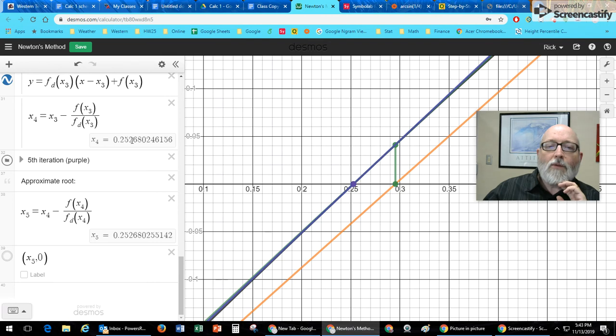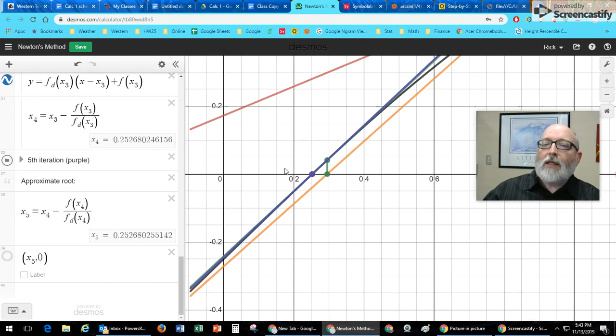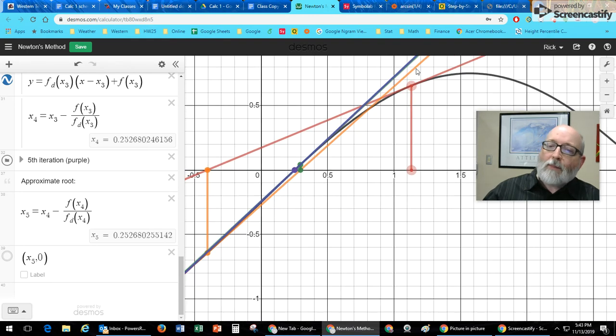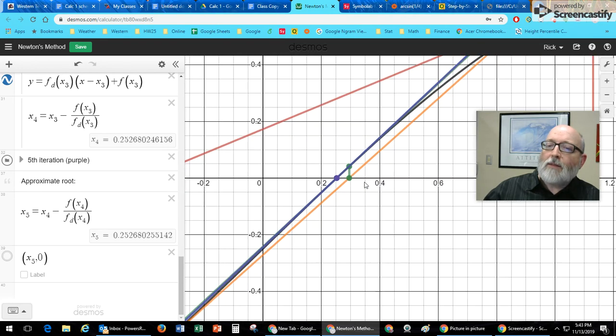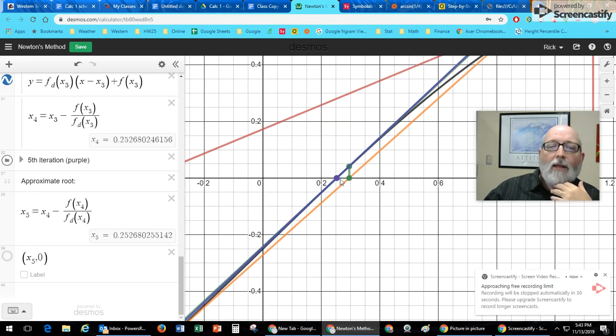So there's 1, 2, 3, 4, 5, 6, 7 digits of accuracy, which Desmos could not get for me by just zooming in on the thing. But if I use this method, this Newton's method, then it's able to use approximate straight lines to really just narrow that in very closely so that I can have approximately this accuracy.